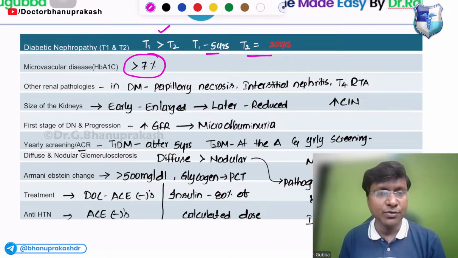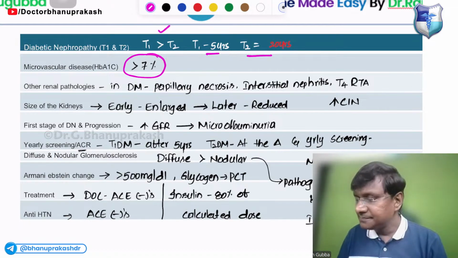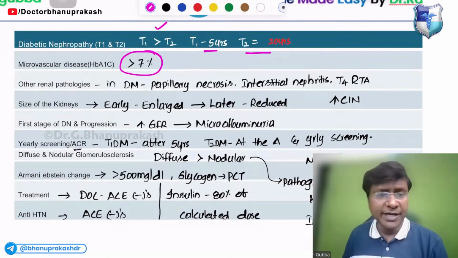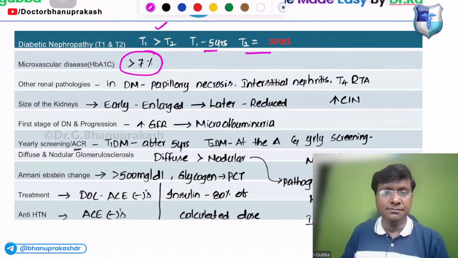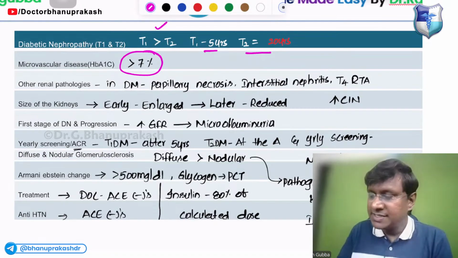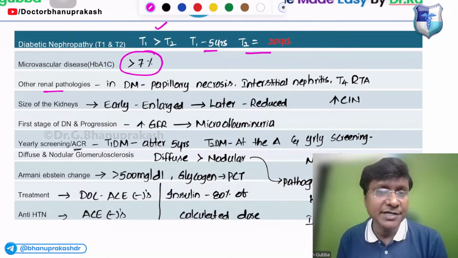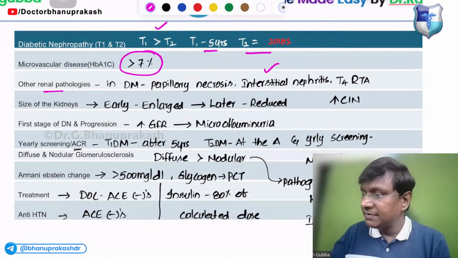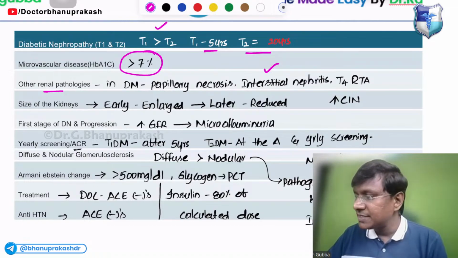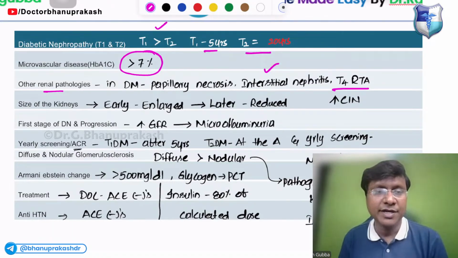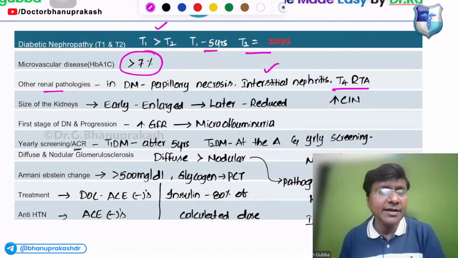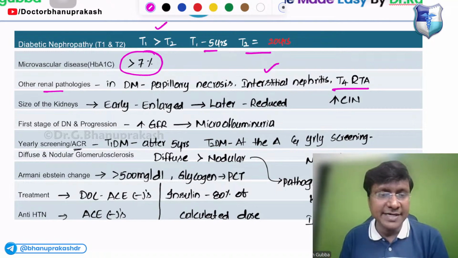Then you take the other renal pathologies. The other renal pathologies commonly observed in diabetes mellitus are development of renal papillary necrosis, interstitial nephritis, and type 4 renal tubular acidosis. These are the other renal pathologies which are observed in patients with diabetes.